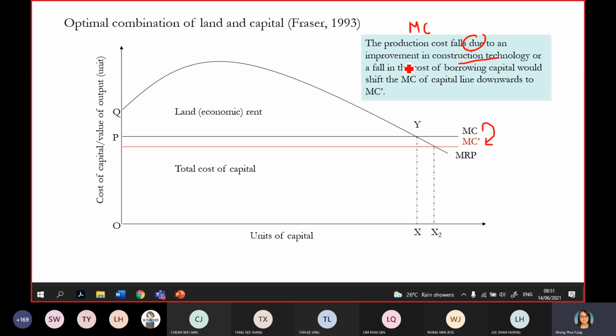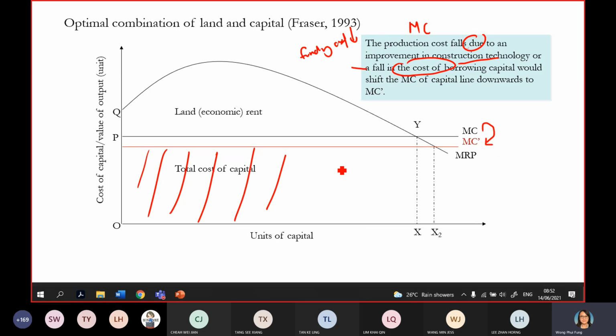Or there is a fall in the cost of borrowing, meaning the funding cost reduces, so the developer no need to pay such a high funding cost. So in that case, your cost will reduce to this area. At the beginning it is this area.